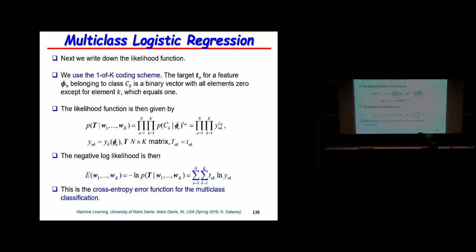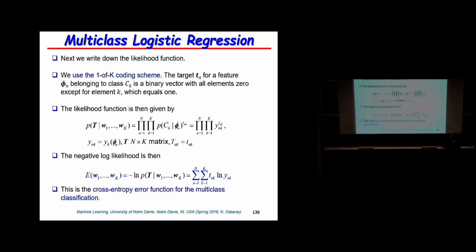Yes? All right, this is a standard way of writing the whole thing in a compact form. So this posterior, our model, we write it as y nk to the power t nk. So the notation here again is what is y nk? Little n reminds you of data point n. So it's basically y k, the activation function y k, computed at phi n. And t nk is zeros or ones.